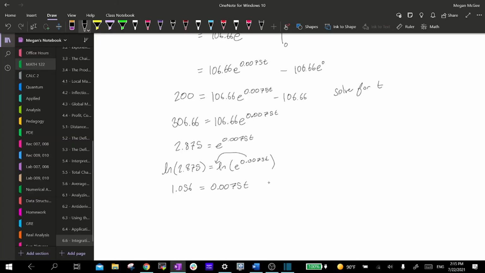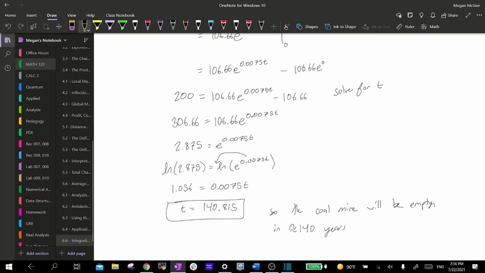Then we finally divide by our constant in front of t, and we end up with t is equal to 140.815. All right, so the coal mine will be empty in 140 years.